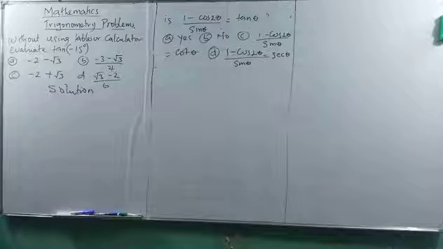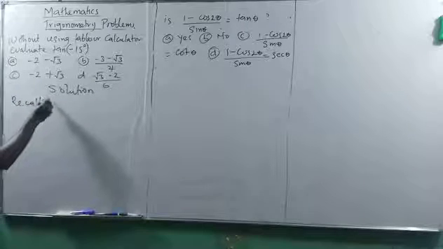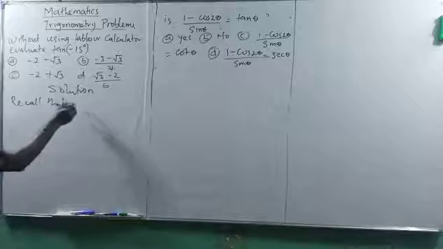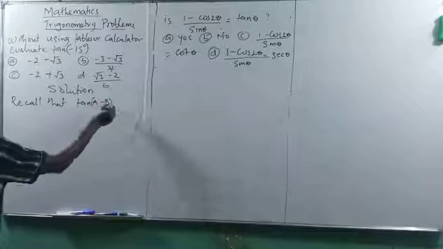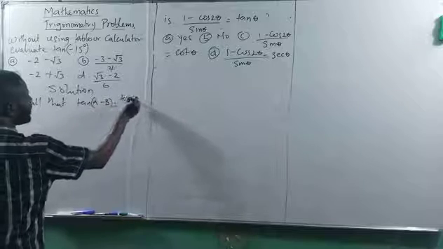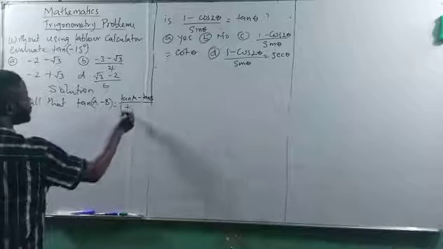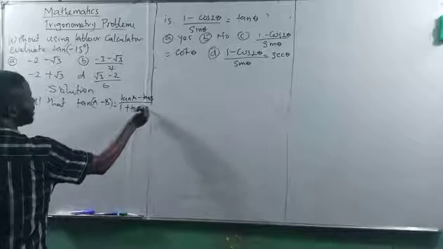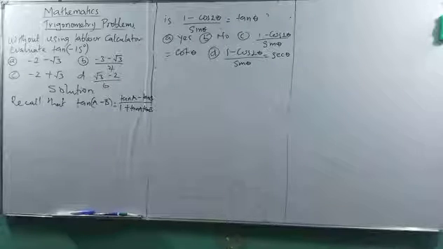Now, let me just recall that tan of A minus B equals tan A minus tan B, divided by 1 plus tan A tan B. This is the one for tan.